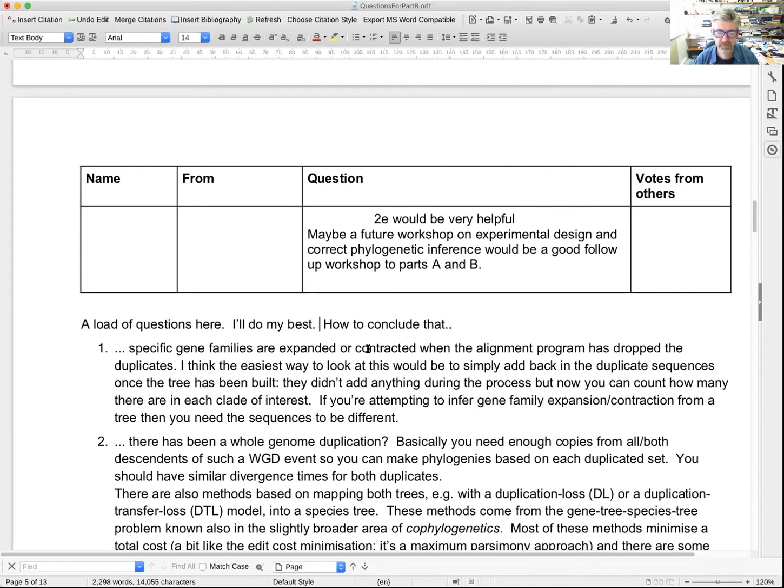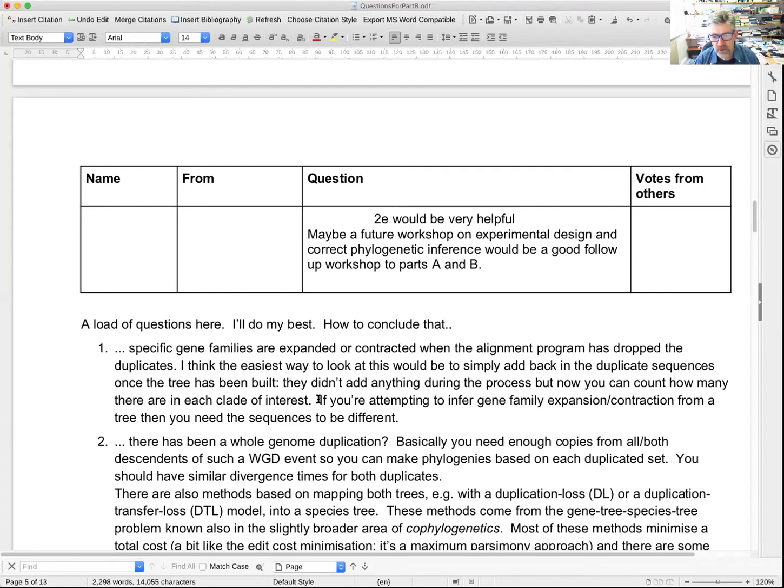But if they're perfect duplicates, you can't necessarily tell that this is an expanded or contracted gene family. It might simply be you've got more samples. So unless I'm getting the question wrong, I think it's almost not a phylogenetics question, I suppose.